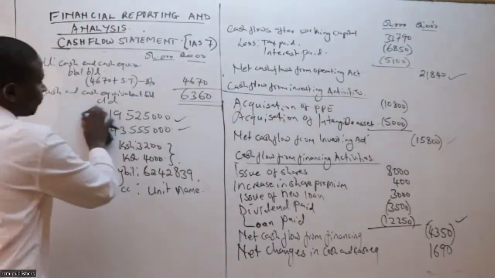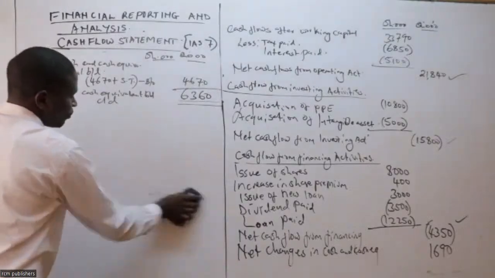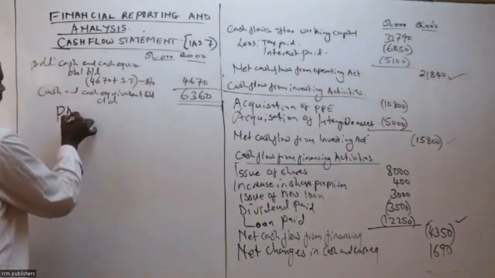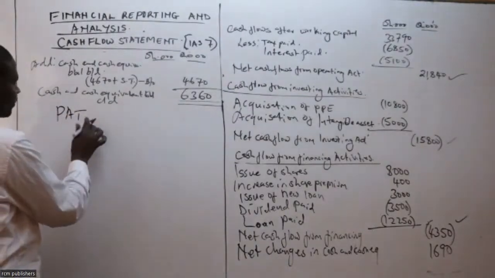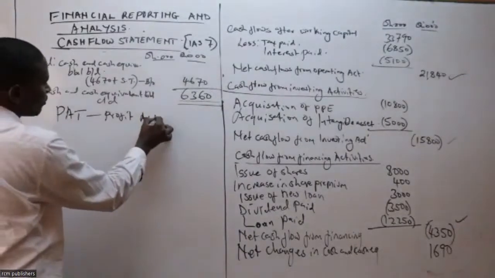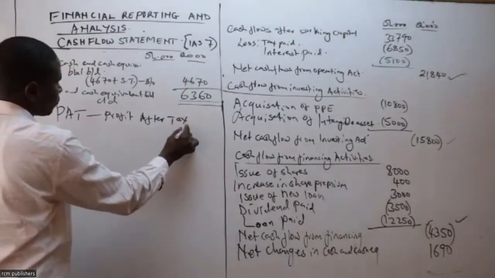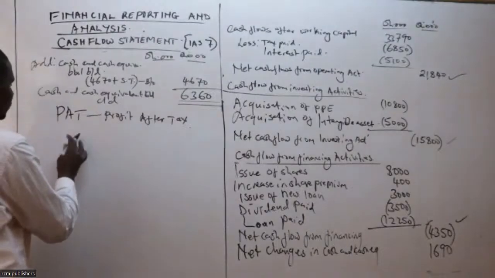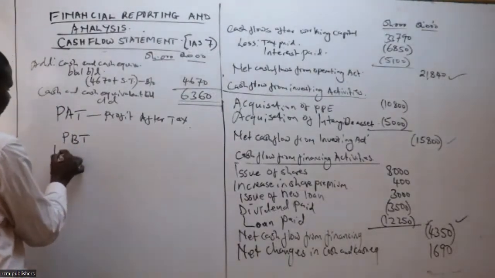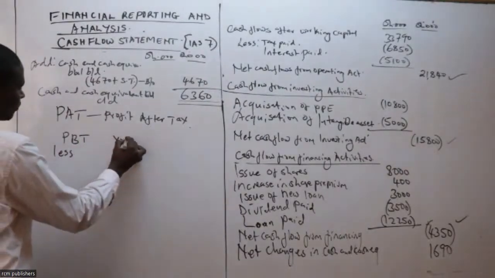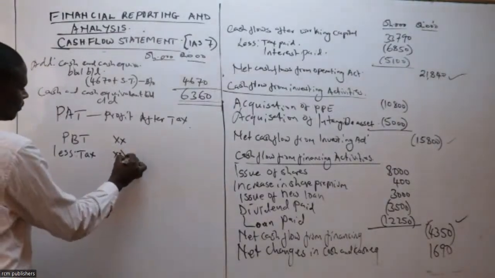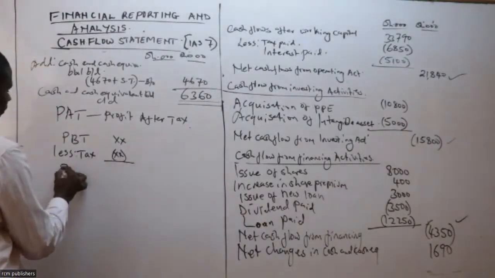In the cases whereby the examiner gives you the PAT, profit after tax, I take you back to the income statement. We know that profit before tax, we less tax, so that we get what? Profit after tax.